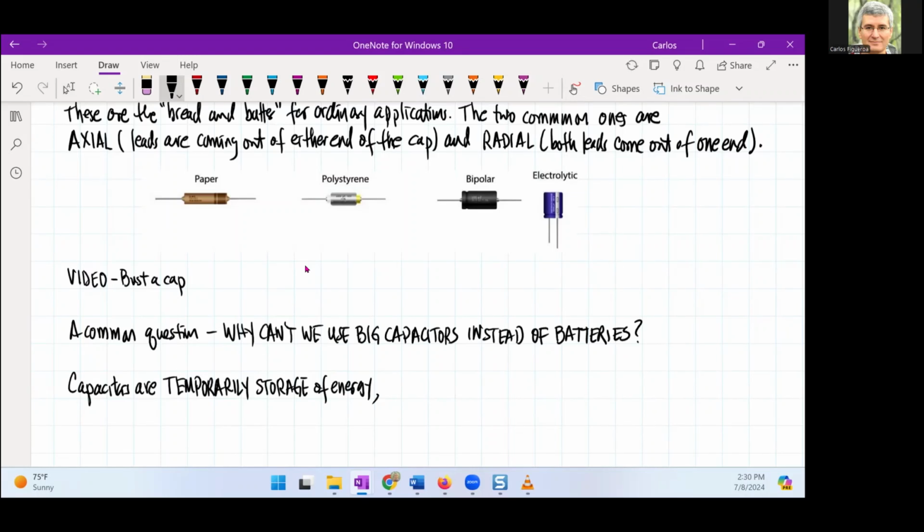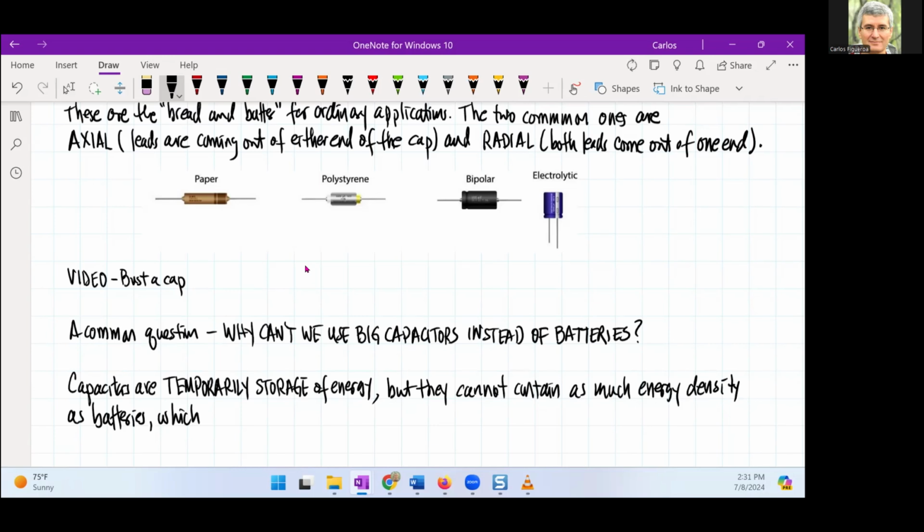But another one that's really important is that they cannot contain as much energy density as batteries. Okay, that's another big one right there.